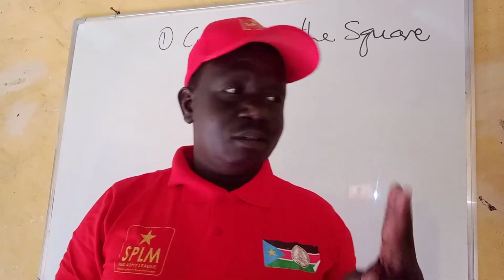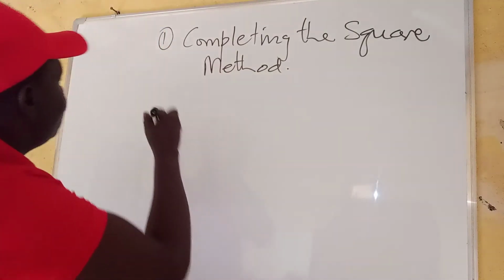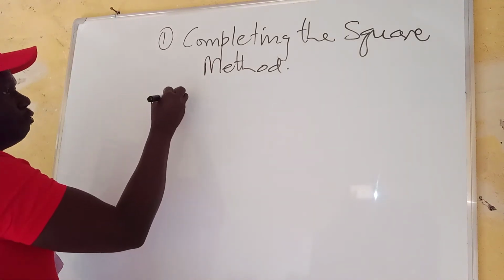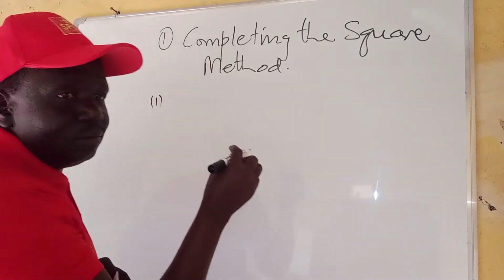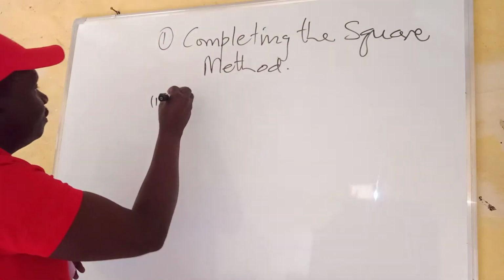One, find the coefficient of the middle term, divide it by 2 and square it.